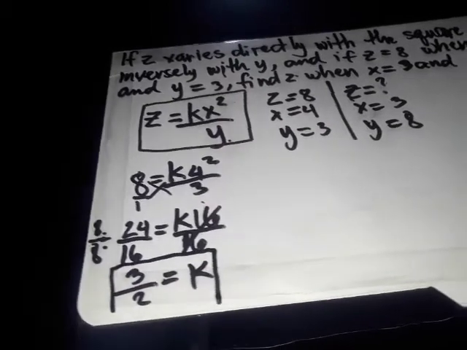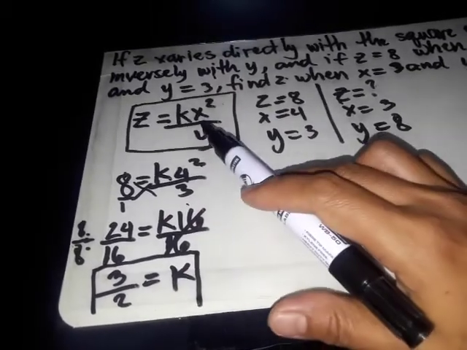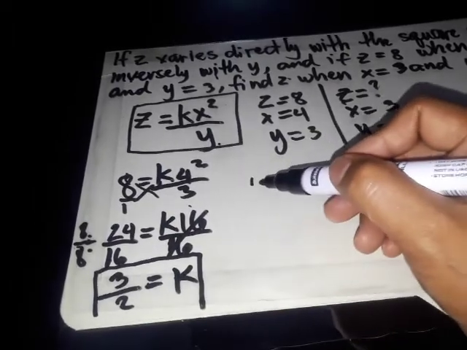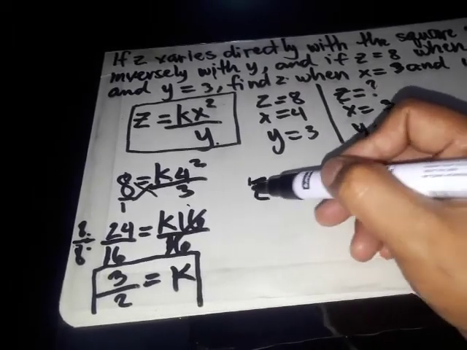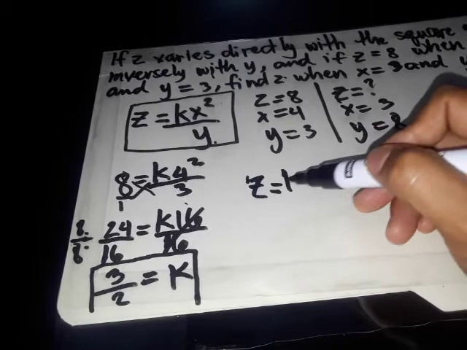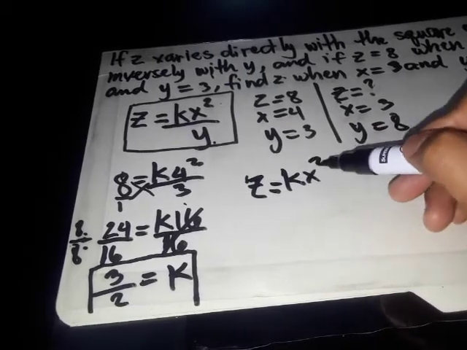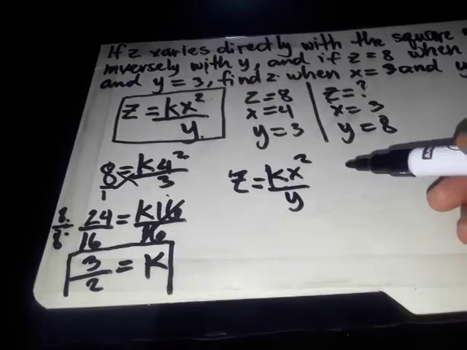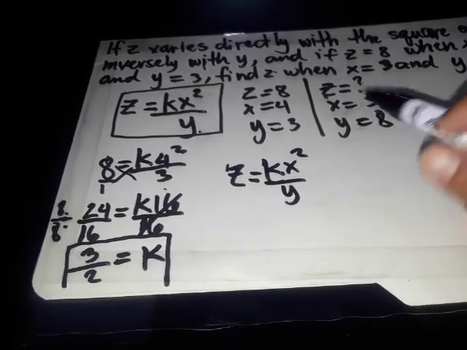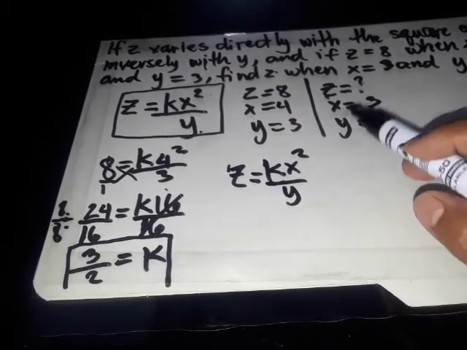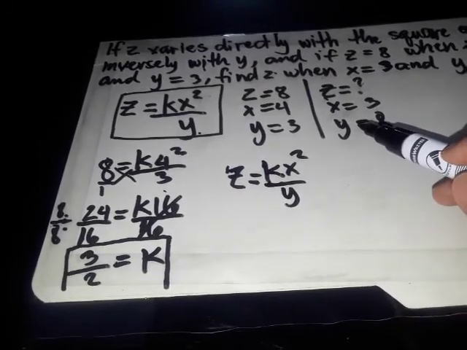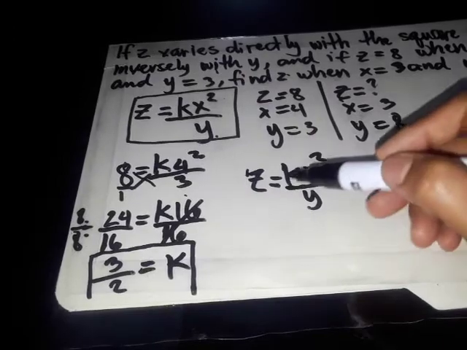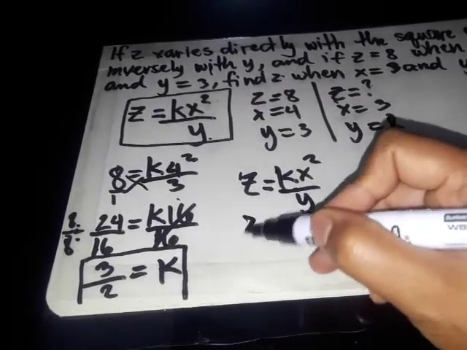Kung nakuha mo na si k, again, babalik tayo sa ating equation. So, kopyahin si equation. K x squared all over y. Ngayon, ang gagamitin na natin para makuha si z ay ang pangalawang group of given numbers. Okay? So, ang Z, kopyahin.